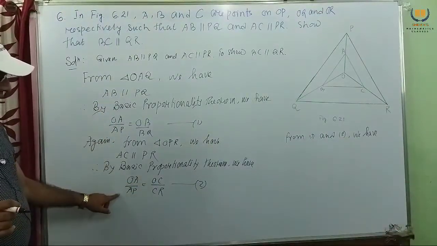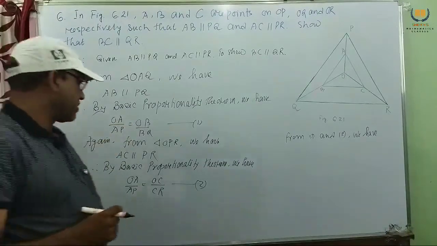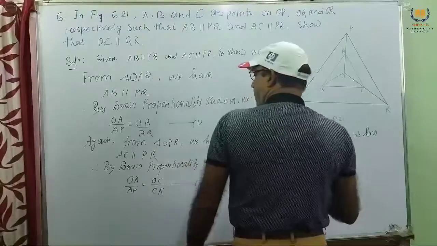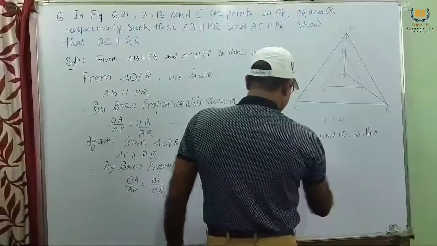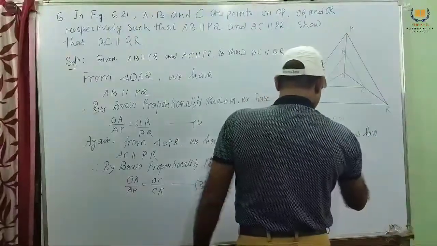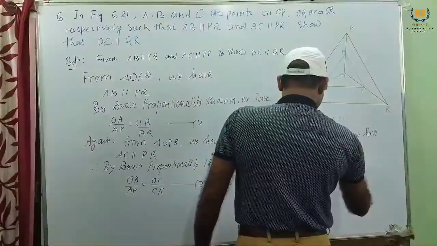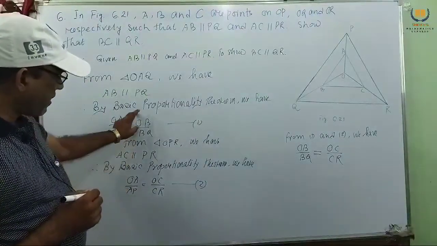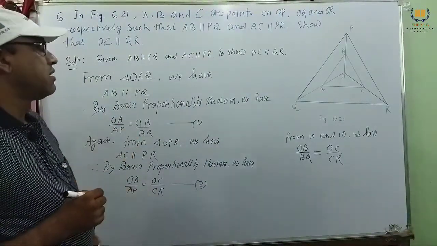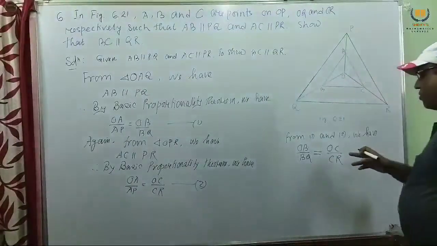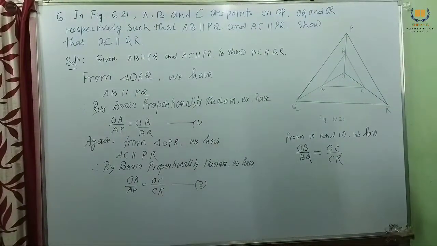Left hand side equal, then we can write right hand side also equal. So we get OB by BQ equal to OC by CR.